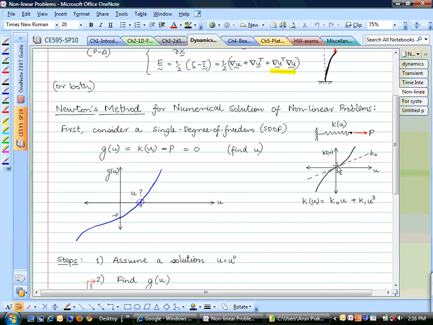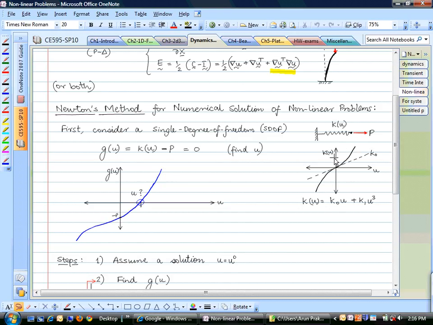If I stretch the spring by U, the stiffness will increase. If the spring is linear, then we get this line, K naught times U. If the spring is nonlinear, let's say with respect to U cubed, then as you stretch the spring, its stiffness increases, and similarly in the opposite direction also.